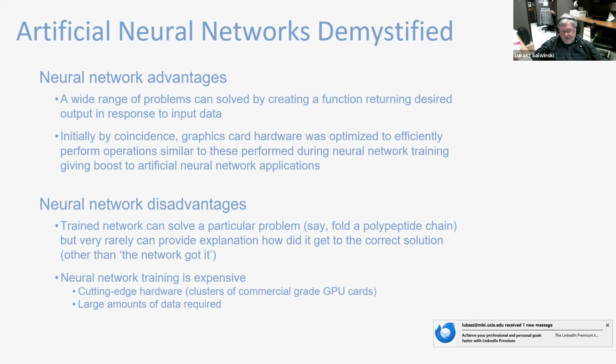It's not like in the case of a physics-based potential function that tells you how to calculate the energy of a given conformation. There you do know that there's a Coulomb law which tells you the strength of interaction between two charges. In case of neural networks, there's no law that you're discovering. You've got a black box which takes the input on one side and returns the result, and that's about it.